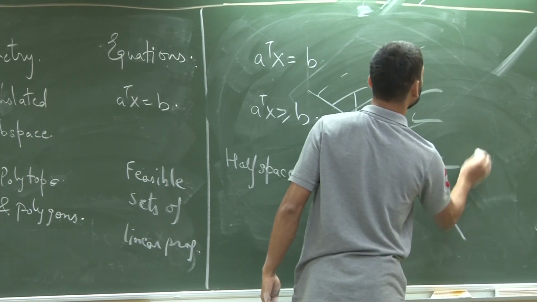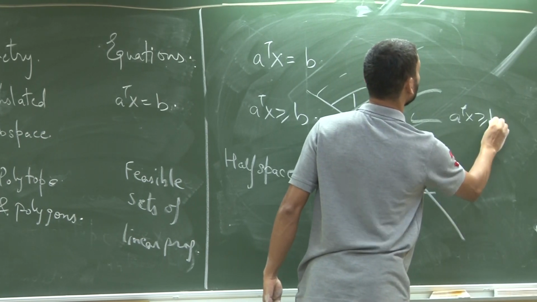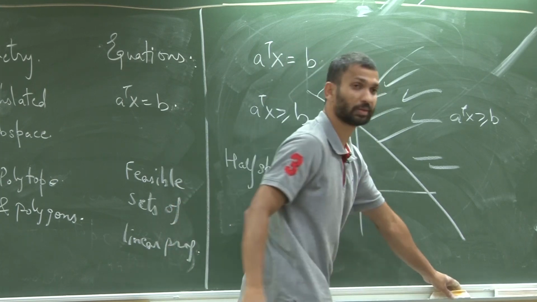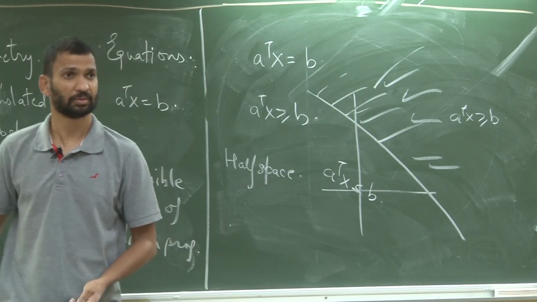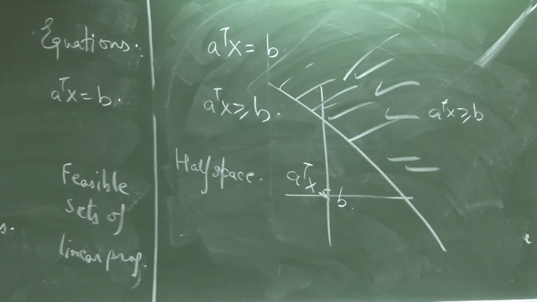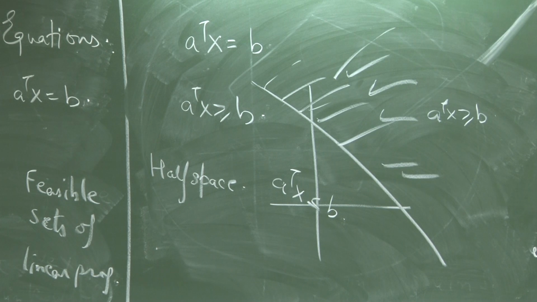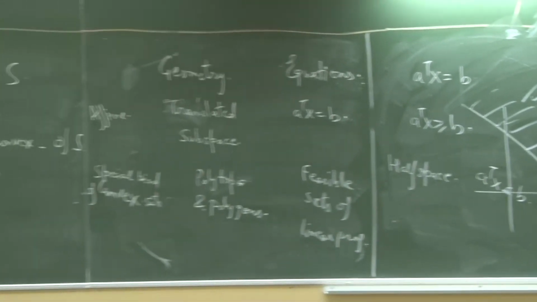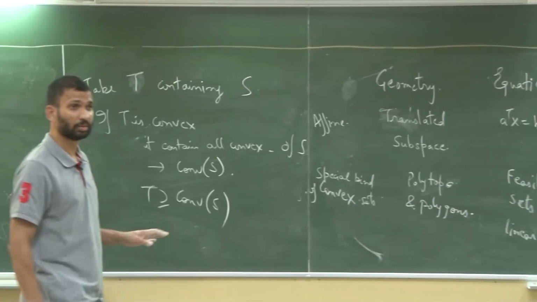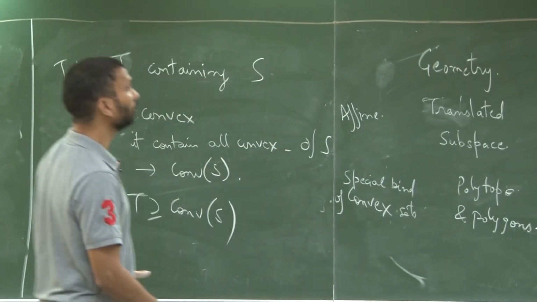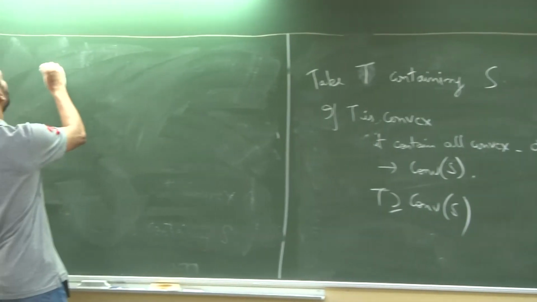One part of this is going to be A transpose X greater than equal to B, other is less than equal to B. Cool. Okay.